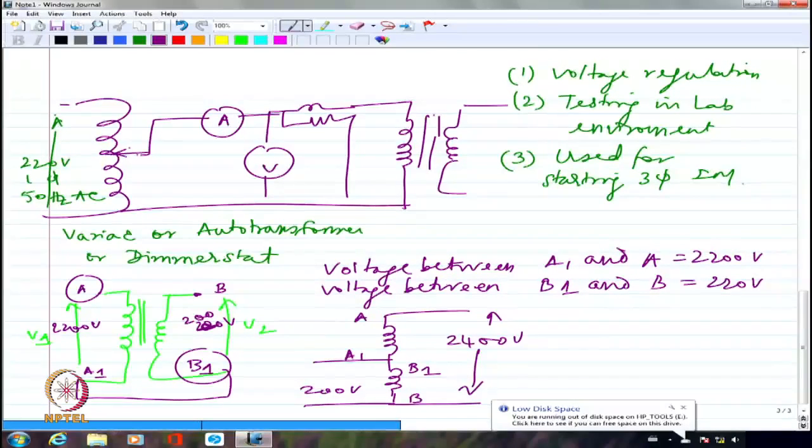Unless I connect these two together, they will not be additive. That is, plus and minus, opposite polarities, have to be connected together. Only then will they be in series addition. If I connect the same polarities together, it will be series subtraction.